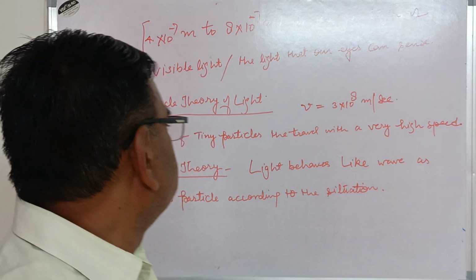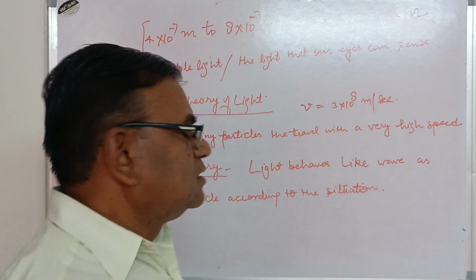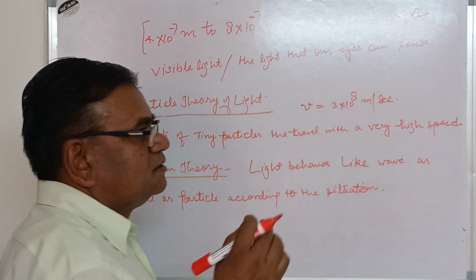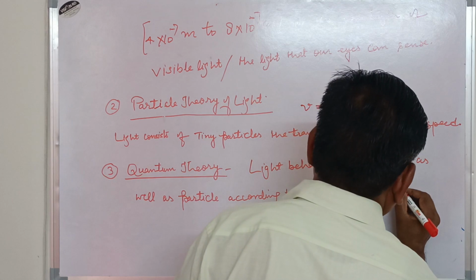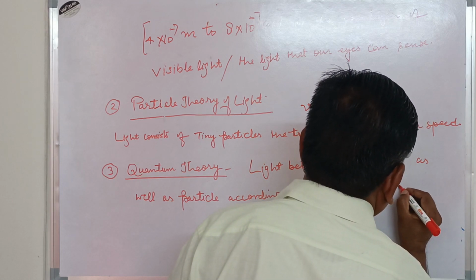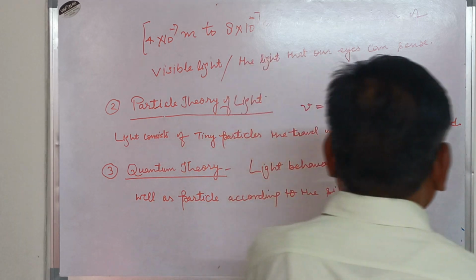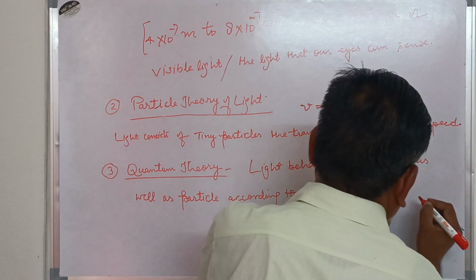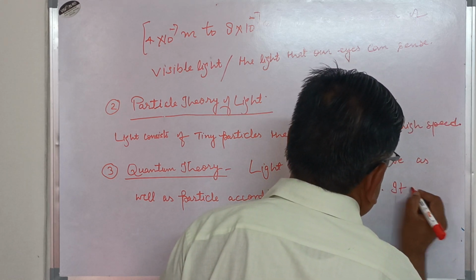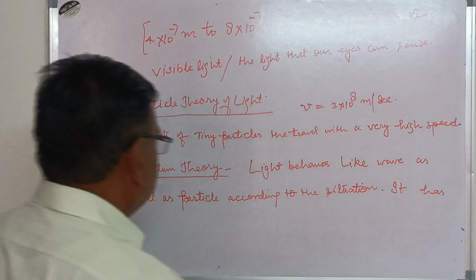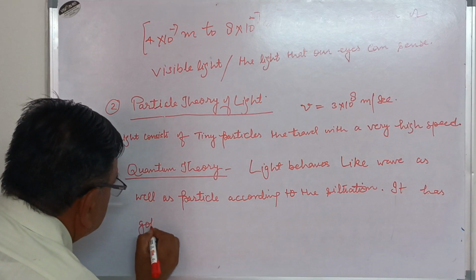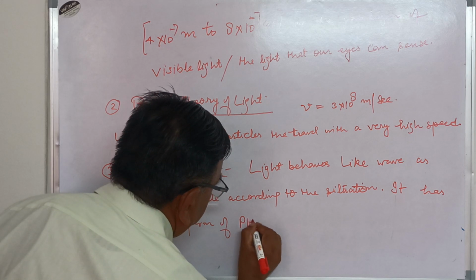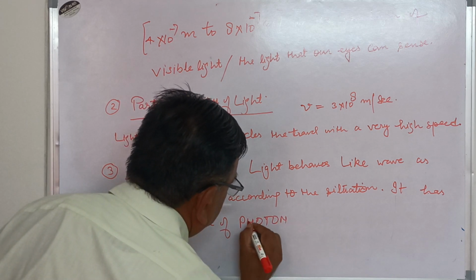And here it is assumed that light has a unit called photon, a small bundle of light. It has the form of photon.